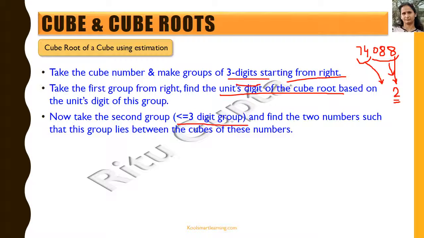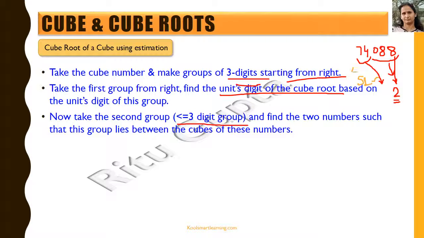Sorry, we're talking about the cubes of the numbers, so we'll not take squares, we'll take cubes. So we have 4 cube is 64 and 5 cube is 125.